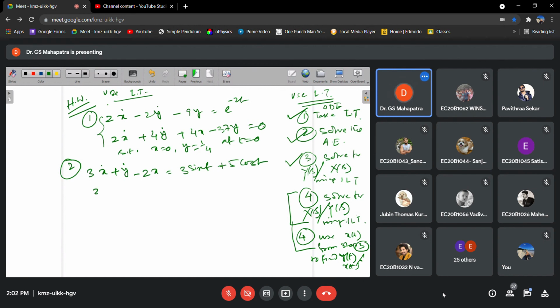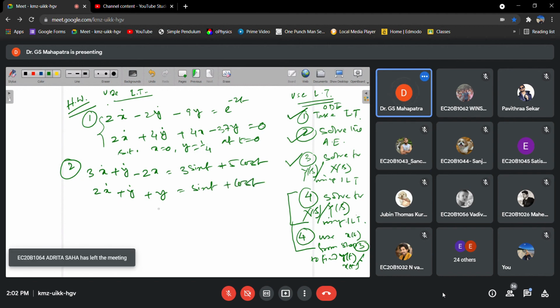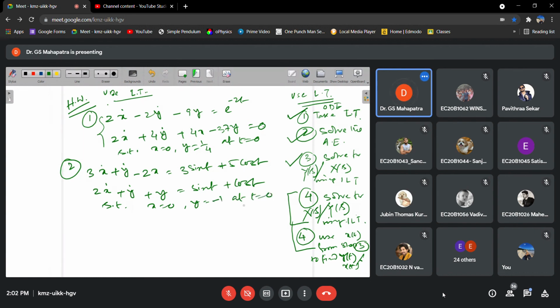Second equation: 2x dot plus y dot plus y equals sine t plus cos t. Subject to x equals 0, y equals minus 1 at t equals 0.